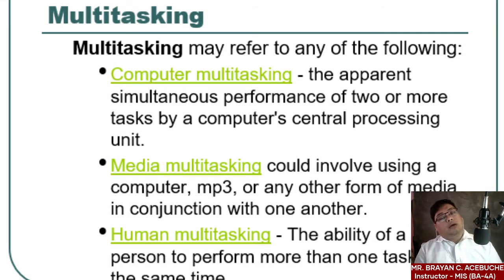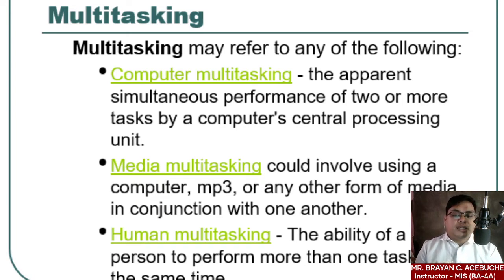Now, of course, in terms of information systems, we will always hear the word multitasking. So what is multitasking? In terms of computers, multitasking is the running of two or more programs or two or more sets of instructions in one computer at the same time.